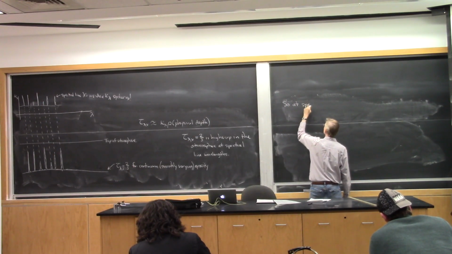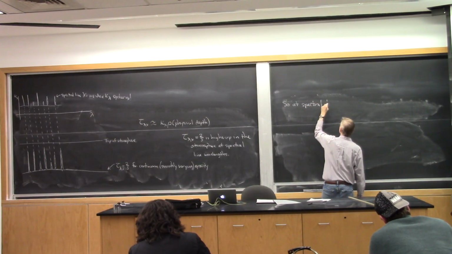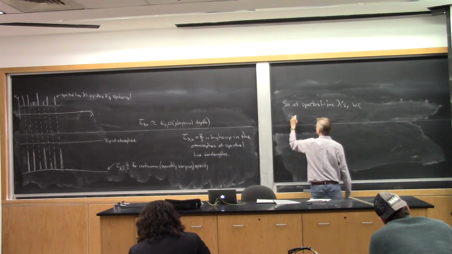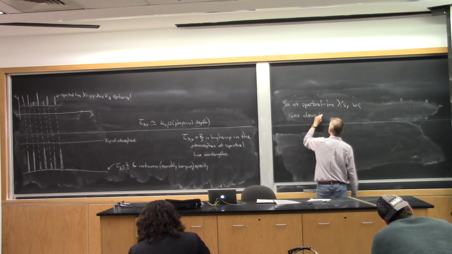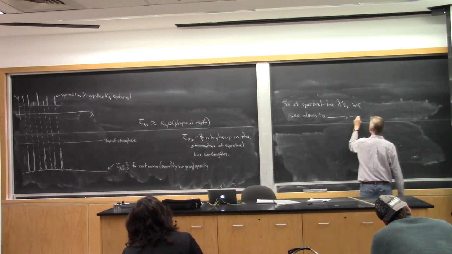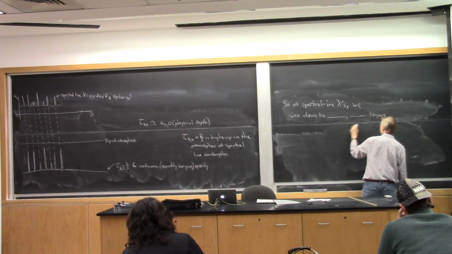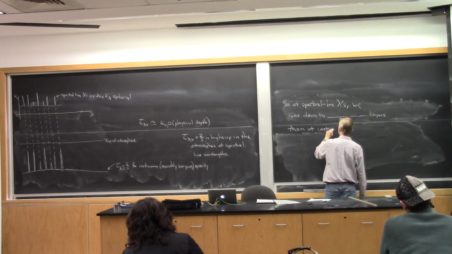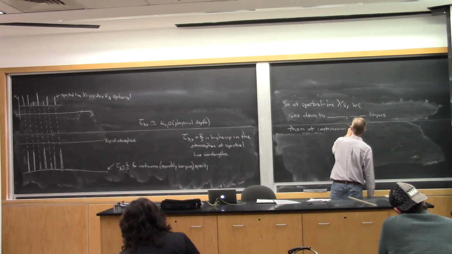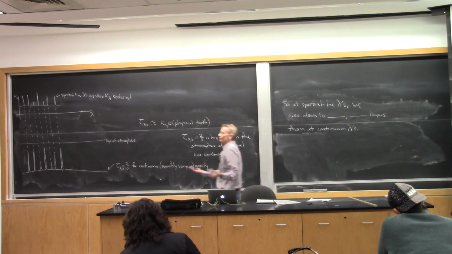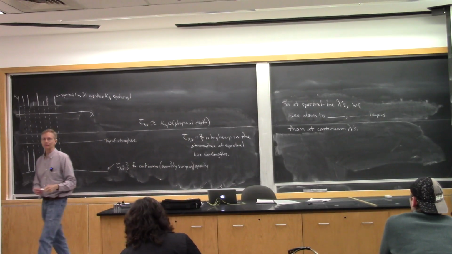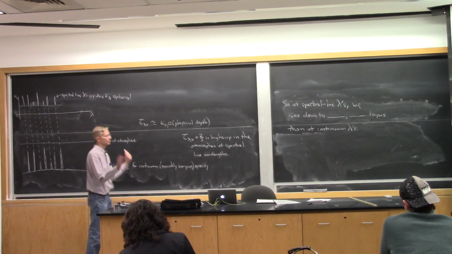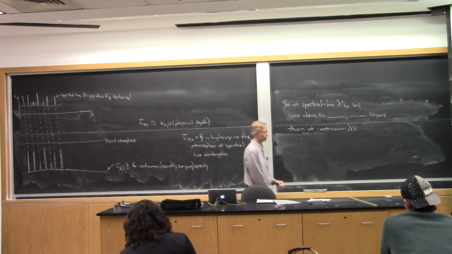So at spectral line lambdas, we see down to blank, blank layers than at continuum wavelengths. And again, continuum versus spectral line depends on the gas. It depends on what atoms are in the gas. If there's no hydrogen around, then the Balmer series wavelengths are continuum wavelengths. But if there's hydrogen around, oh, those are spectral line wavelengths.